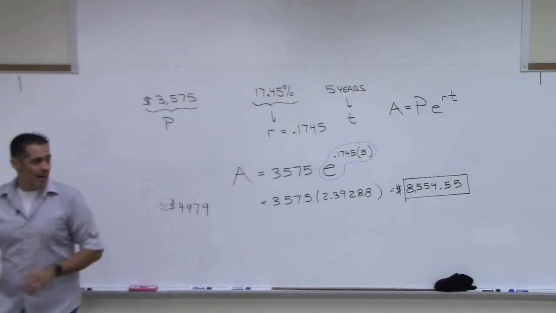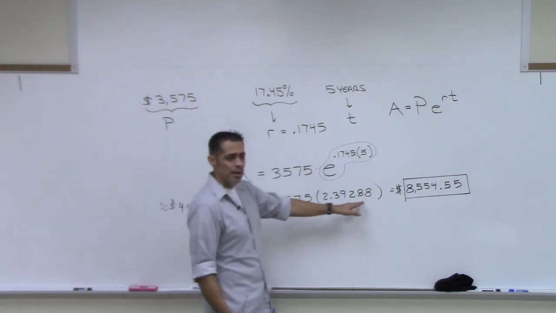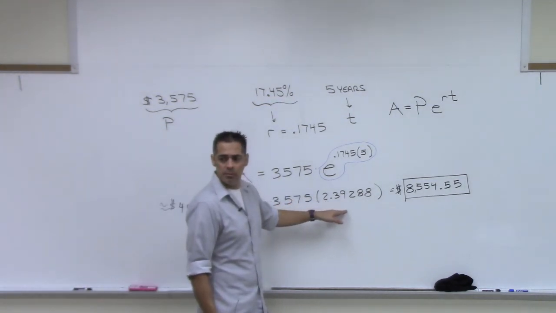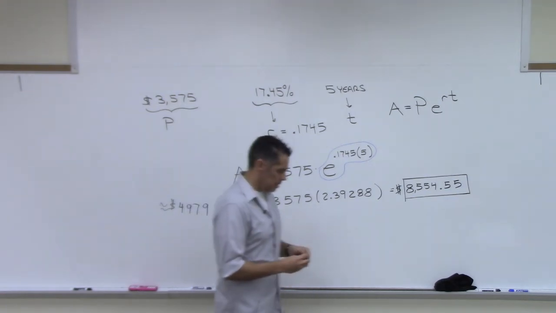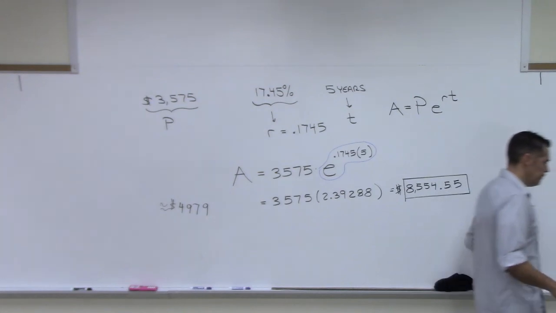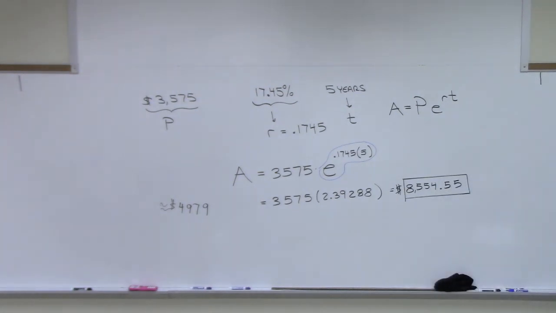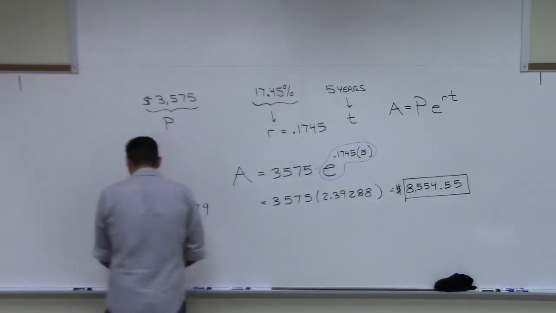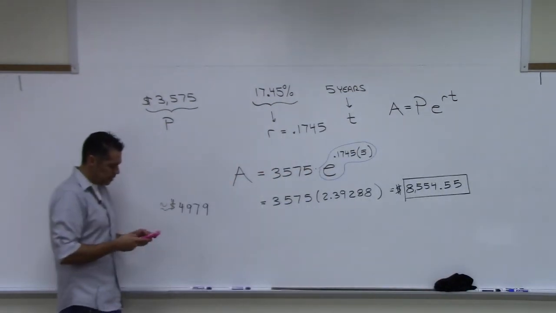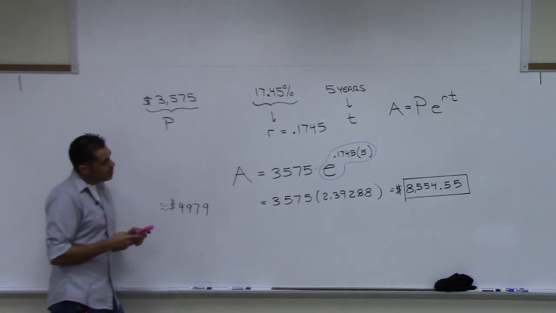Questions? Anyone have trouble getting the 2.39288? Yeah, but I figured it out. You figured it out? Okay. Anyone else? Are you not getting it? What's wrong? I put in my calculator and I got 2.3717. Let me see, maybe I typed in something wrong. Hold on. I'll do it again. E to the 0.1745, right?